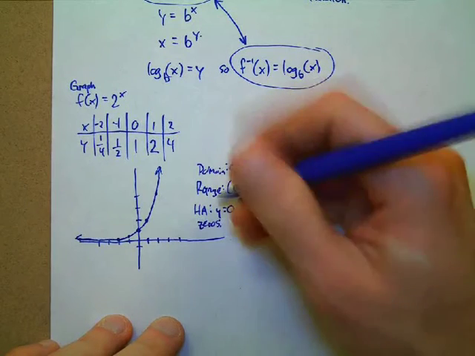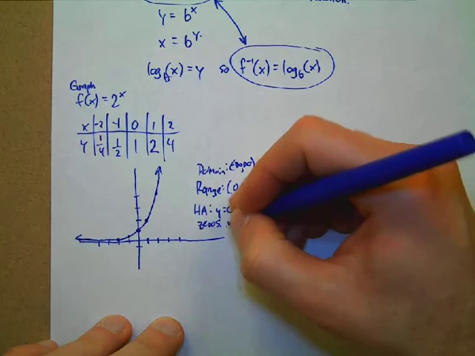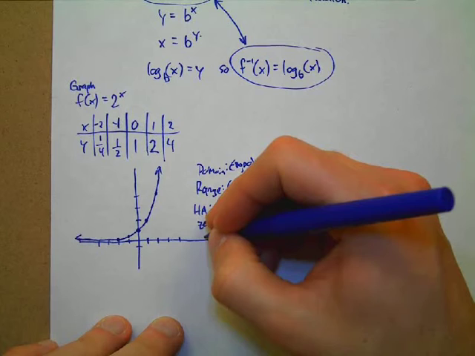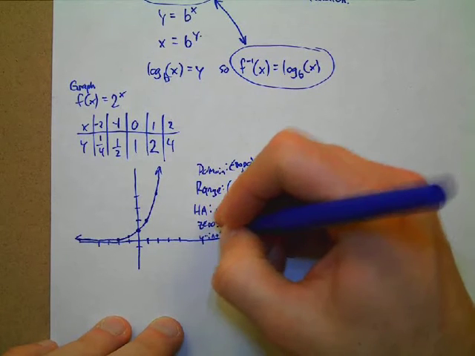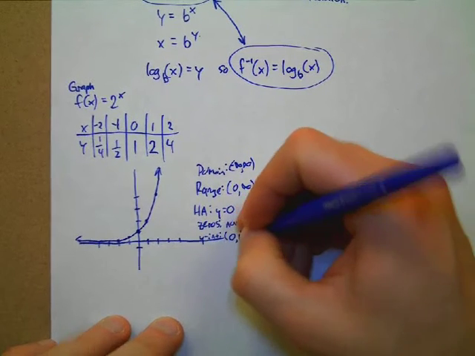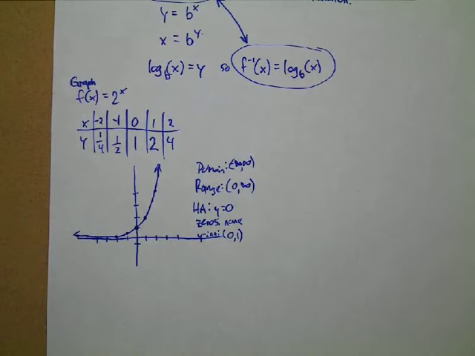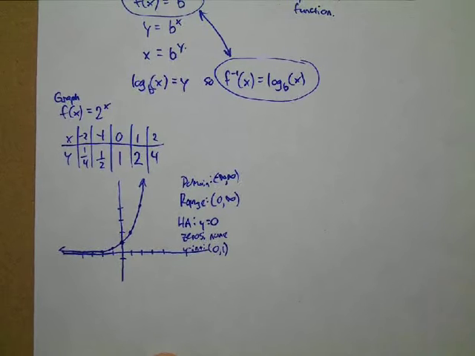So we're never going to cross the x-axis, so there are none. But we do have a y-intercept, and the y-intercept is at 0, 1. That's all the stuff for 2 to the x. Hopefully that brings some memories back.